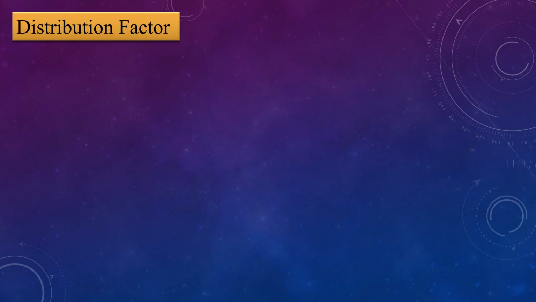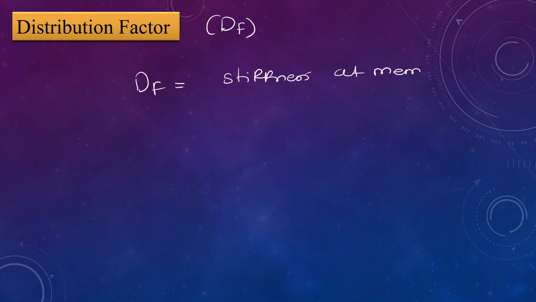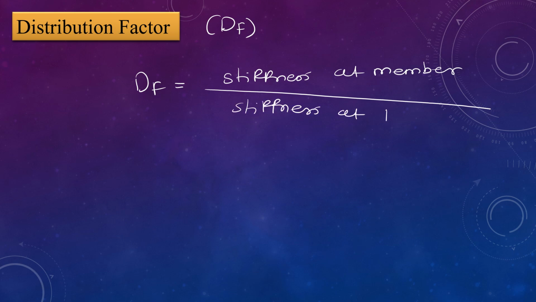Then the distribution factor, represented as DF. DF is the ratio of stiffness at the member to stiffness at the joint. This is the formula to calculate the distribution factor: DF is equal to K divided by summation of K, or K naught.